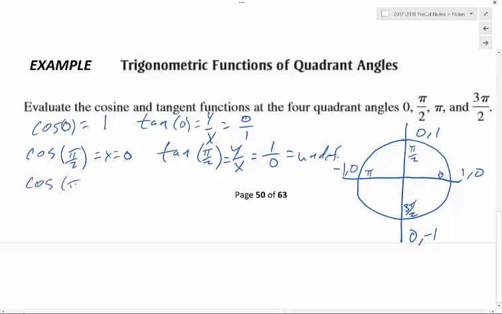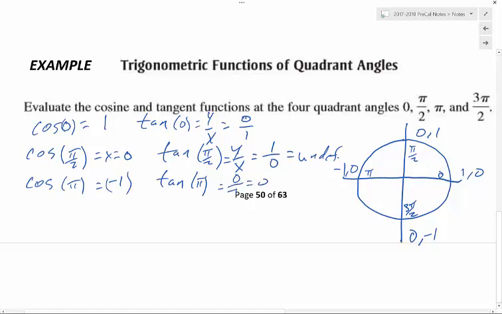The cosine of pi will be negative 1, and the tangent of pi will be 0 over negative 1, which is 0.